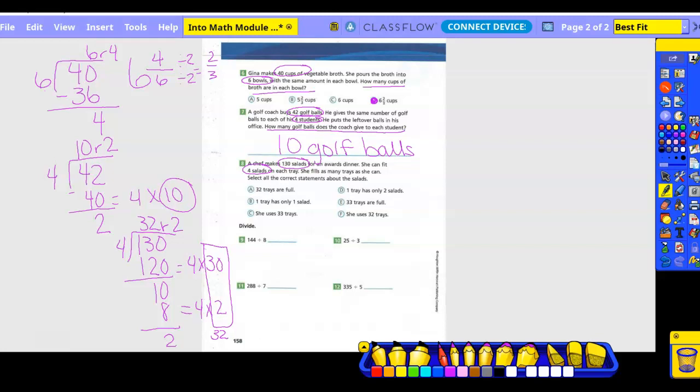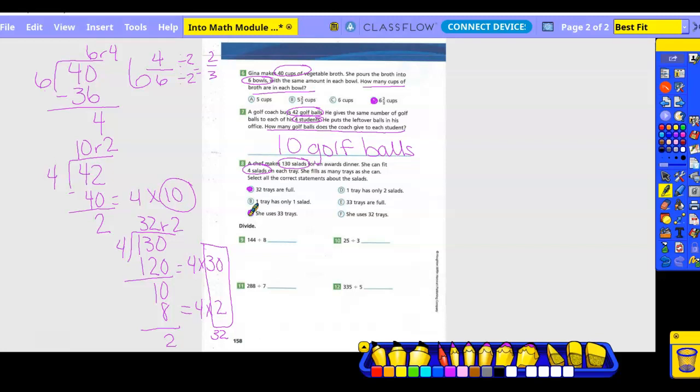Okay, so 32 trays are full. Is that correct? Yes. Okay. 1 tray has only 1 salad. No. Okay. She uses 33 trays. Yeah, because she has 32 that are full, but she needs an extra to hold the 2, right? Okay. 1 tray has only 2 salads.